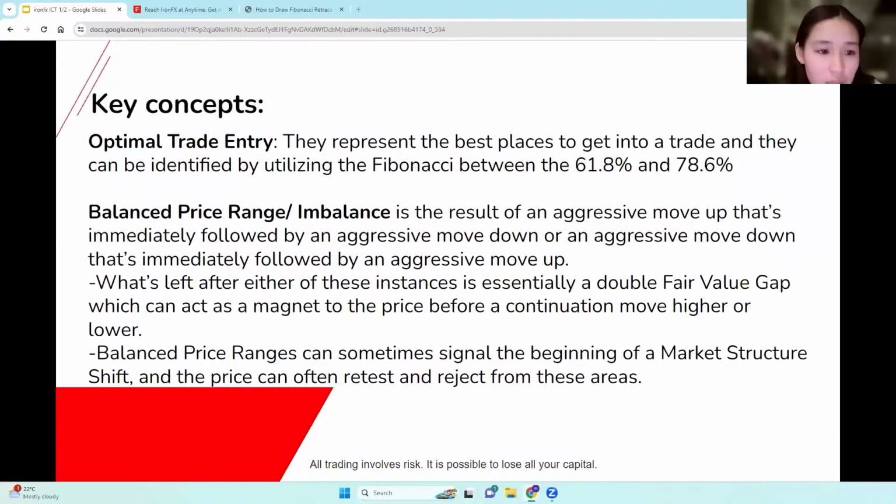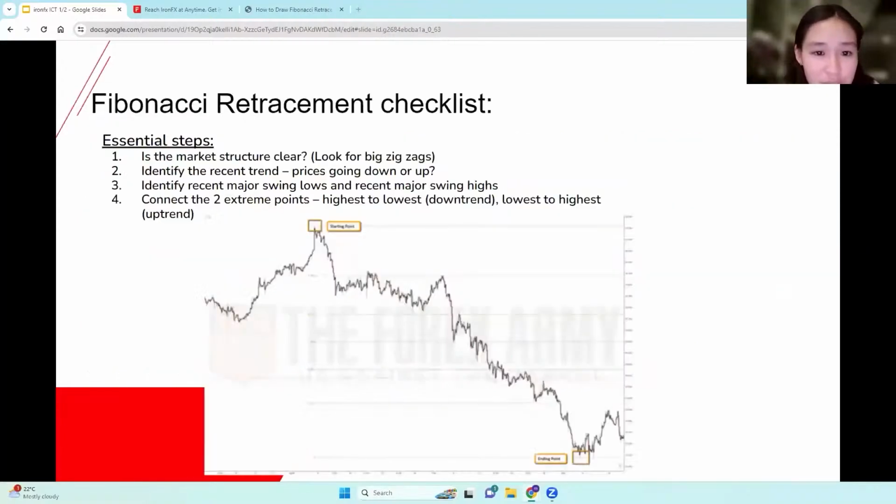I was talking about optimal trade entry. The link that I've popped into the chat goes through the fundamentals of how to draw a Fibonacci, which I'll briefly go through here as well. This is a Fibonacci retracement checklist. Firstly, you want to see is the market structure clear. We showed you previously how to identify a clear market structure.